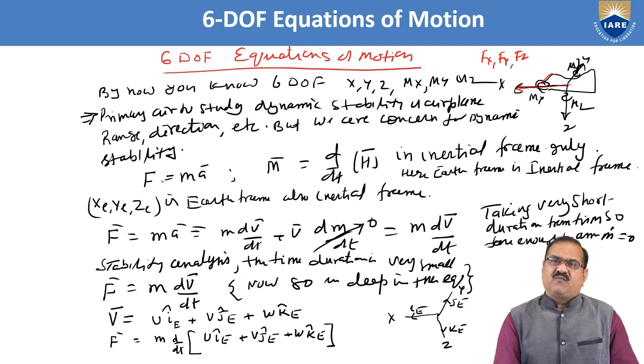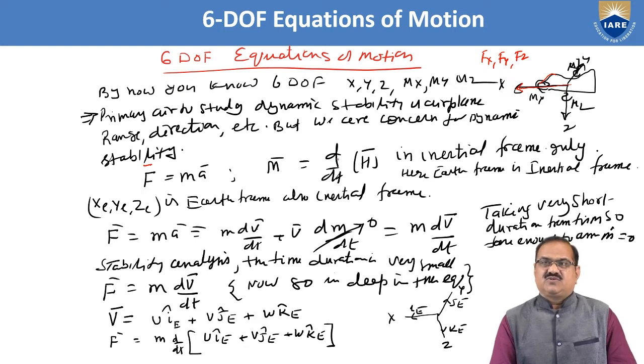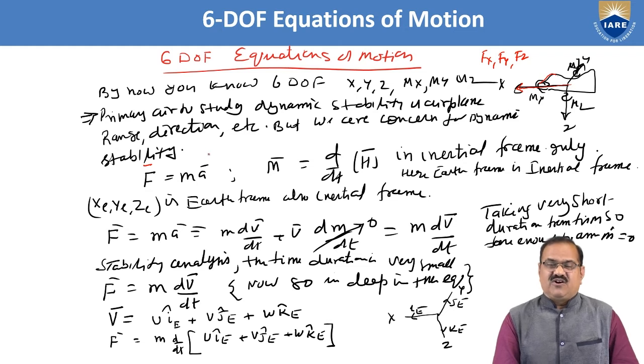Here we know that force is equal to m into acceleration, and the moment is equal to d by dt of h bar in the inertial frame only. These are Newton's second law. Yesterday I discussed all 3 of Newton's laws.